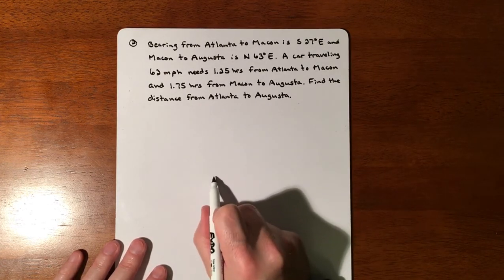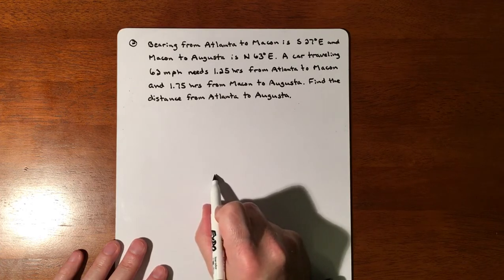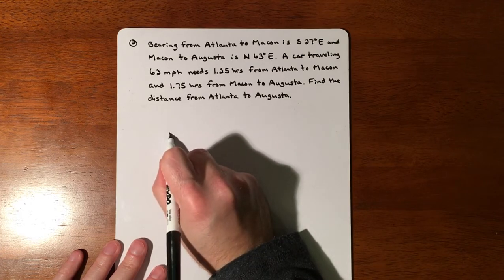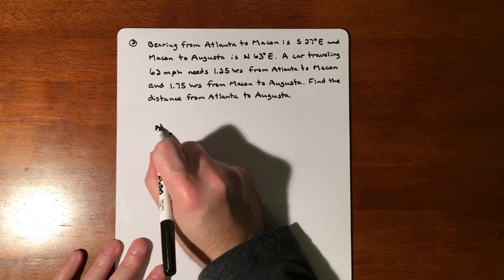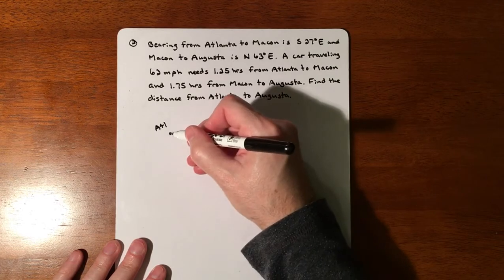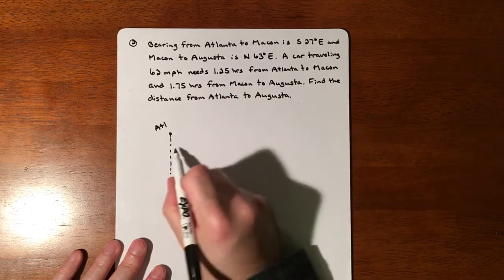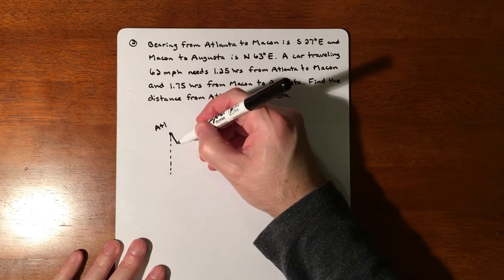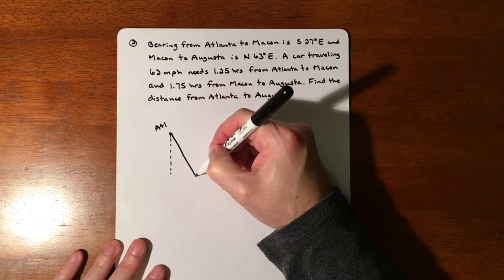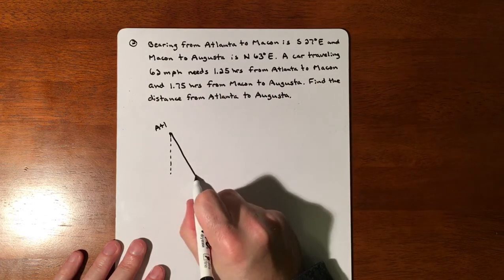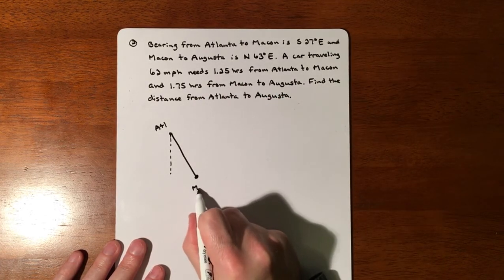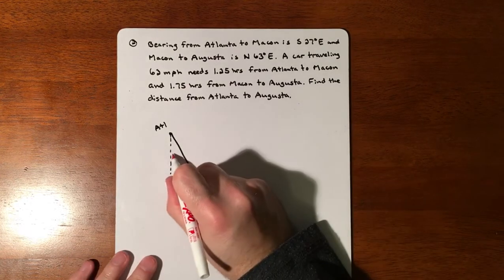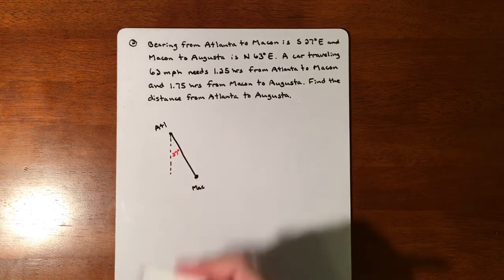And so we went from Atlanta to Macon. We went south. So if here's Atlanta, we went south, and then we went 27 degrees to the east, something like that. Okay, and then we got to Macon. That is 27 degrees.